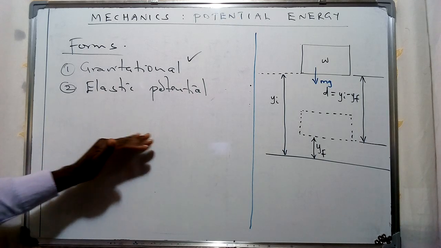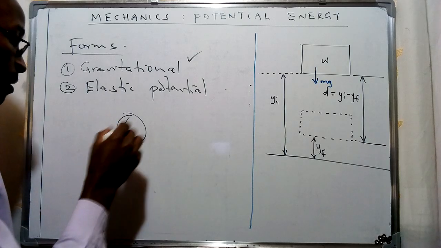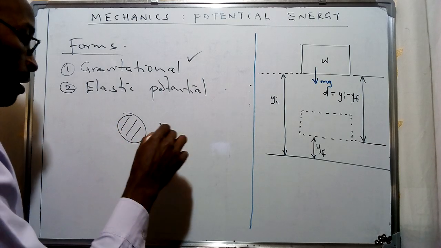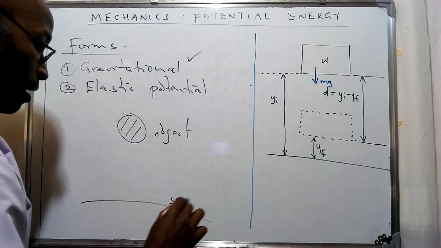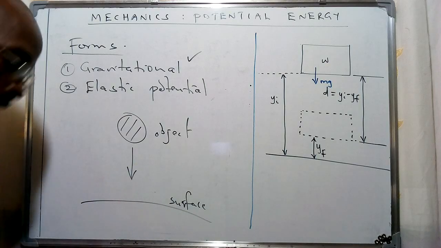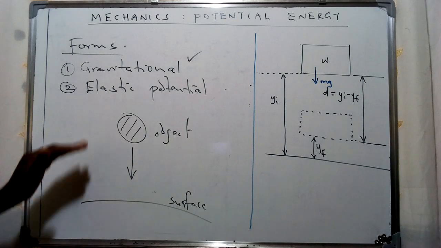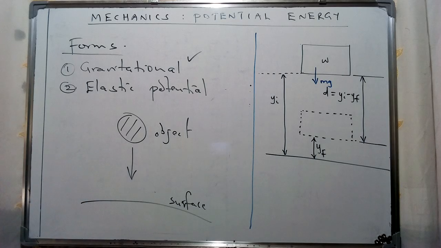Now, if we consider an object that is falling towards the surface of the Earth, so let's consider this as an object, and then we're going to have the surface of the Earth being given as such. So we're going to expect some forces to act on this falling object, and this is going to be regarded as the gravitational force.